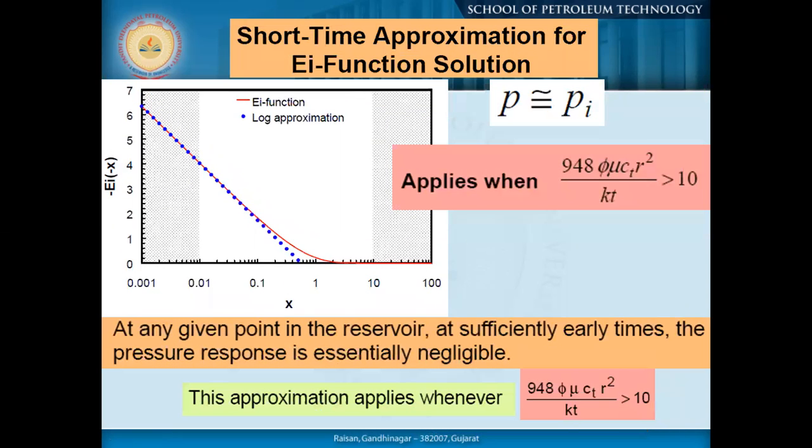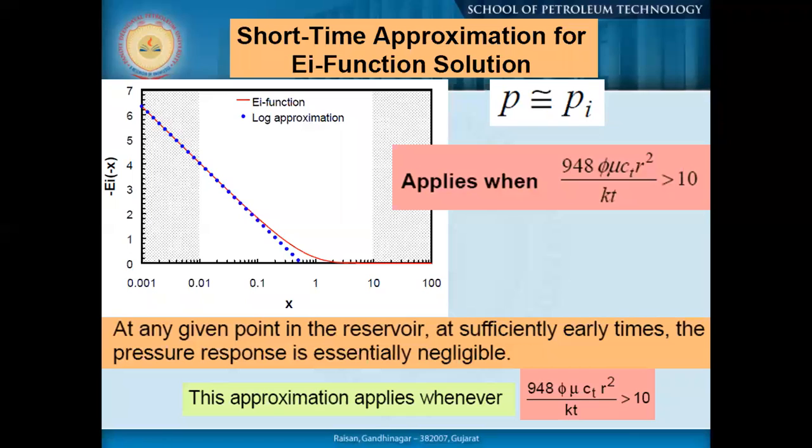When X is more than 10, you should consider your initial pressure is the same pressure. That means that part is not affected. What is the meaning of that? The compressible zone has not yet reached that part. The pressure signals, or the pressure zone, have not yet reached that part.